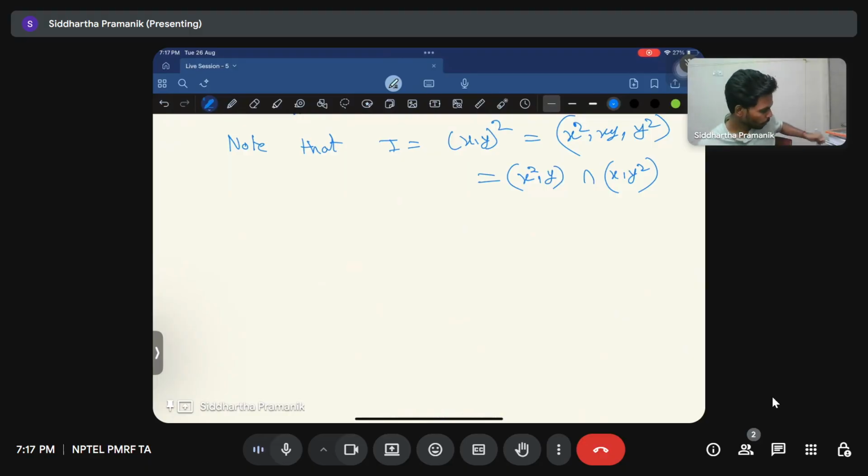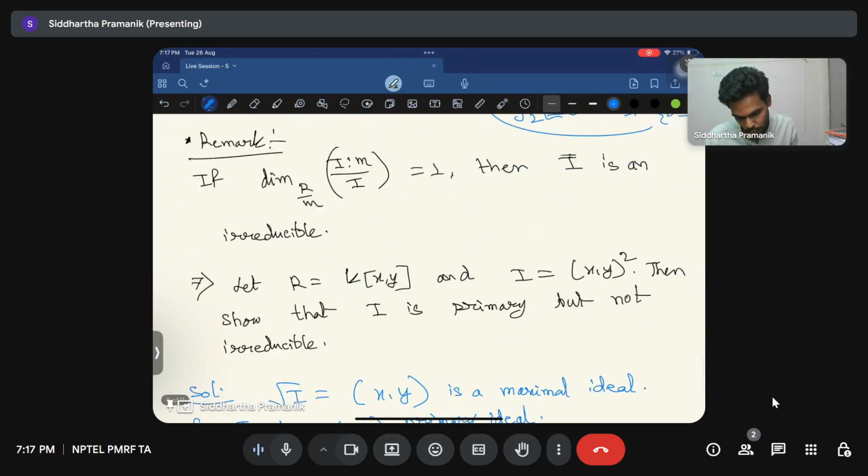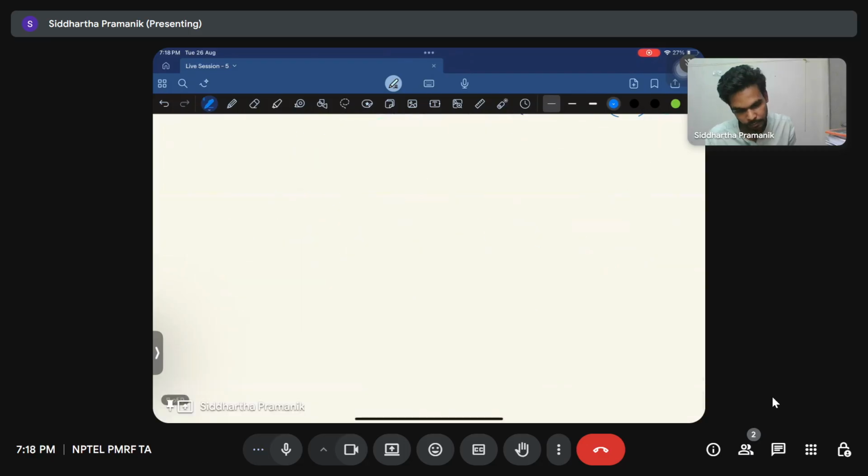Okay, let's do one problem related to the support of a module. So it is problem number 8.